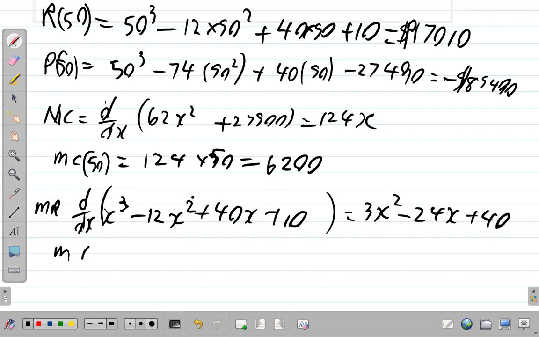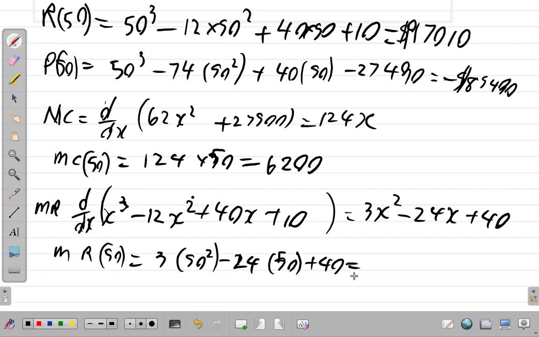Now the marginal revenue at 50 would be 3 times 50 squared minus 24 by 50 plus 40. What would that be?